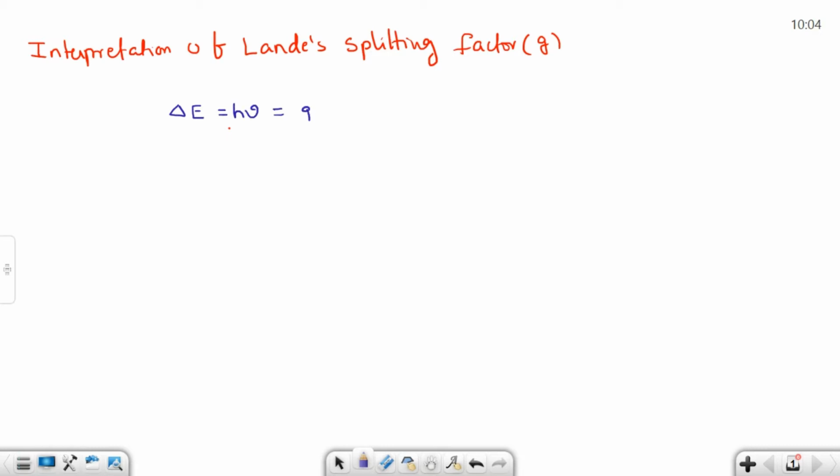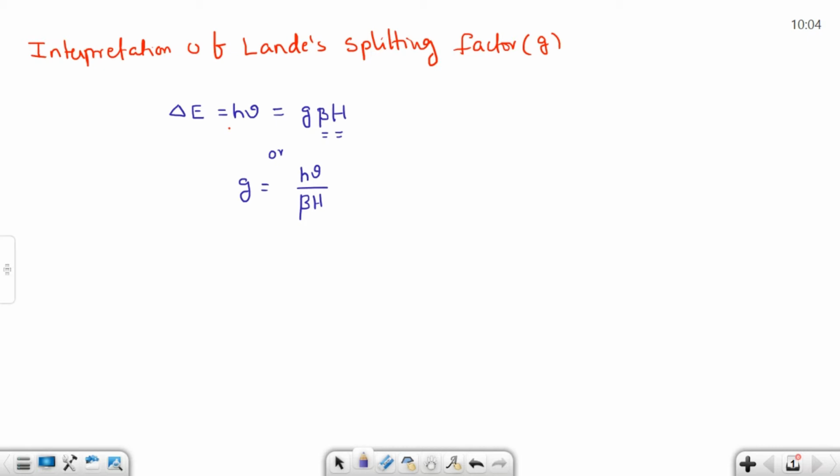This is equal to g into beta into H, where h is Planck's constant, nu is the frequency of radiation, g is the Landé splitting factor, beta is the Bohr magneton, and H is the strength of the applied magnetic field. The same equation we can also write as g is equal to h nu by beta into H.